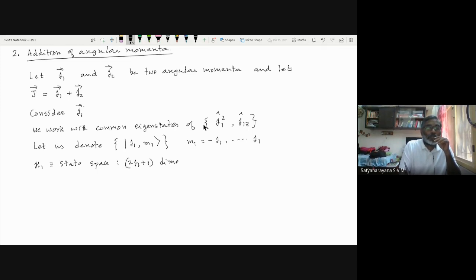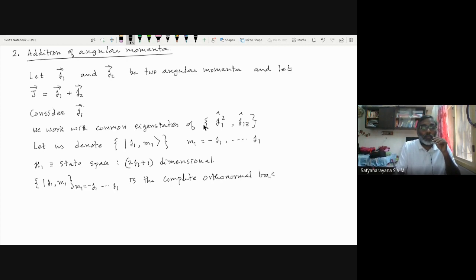And this is the basis, that is J1 comma M1, with M1 going from minus J1 to plus J1, the complete orthonormal basis of the Hilbert space H1.